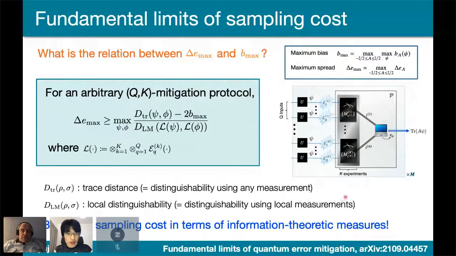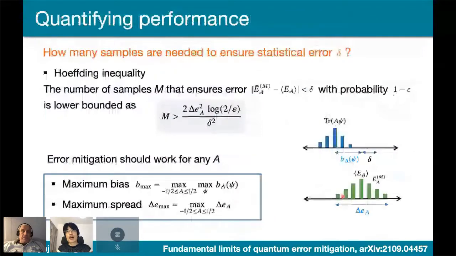There was another question from Amir: what if we do not know or cannot calculate the true expectation value? That was from a few slides back. I'm not sure exactly where he or she was pointing. However, it is usually the case that we do not have access to the true expectation value, because this is the aim of error mitigation, right?